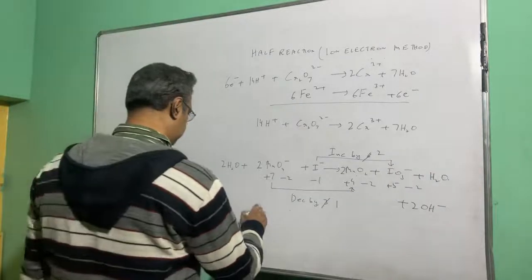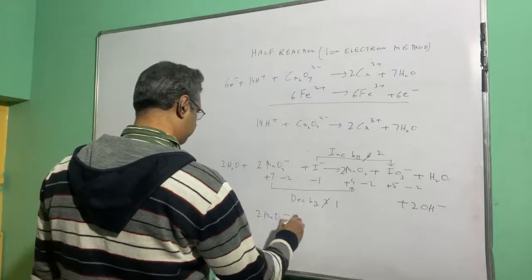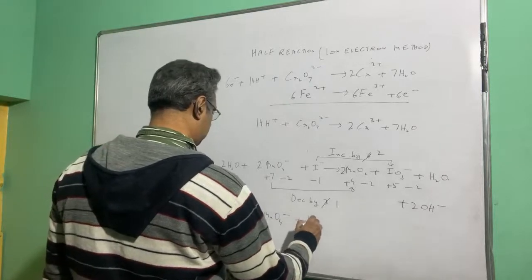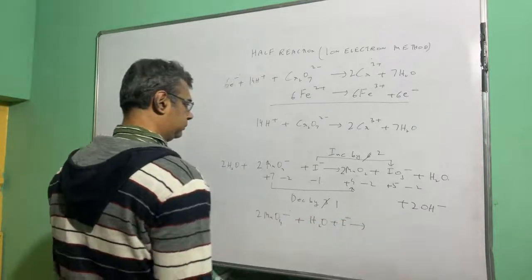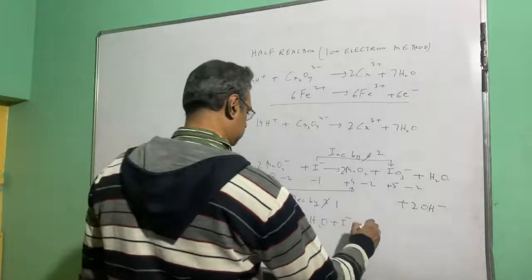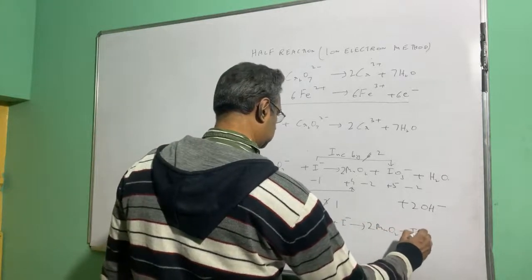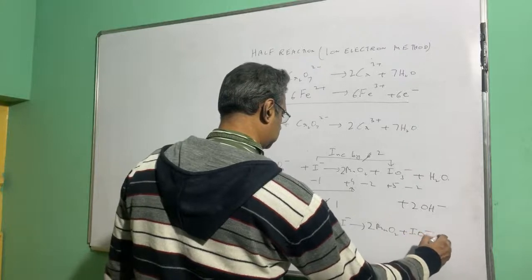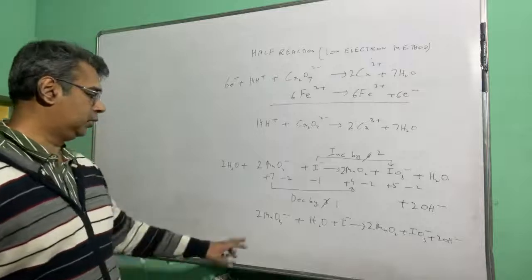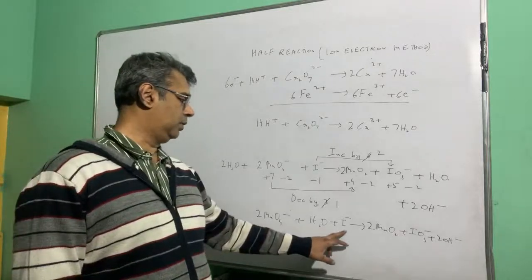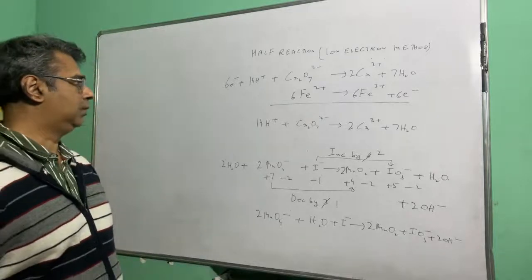So in the end it will be like this: 2MnO4 minus plus H2O plus I minus gives 2MnO2 plus IO3 minus plus 2OH minus.